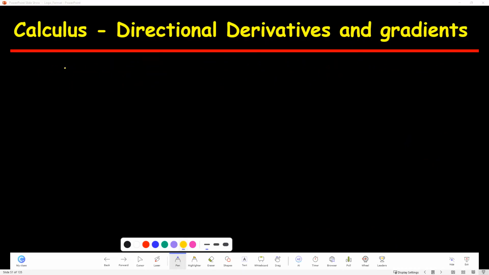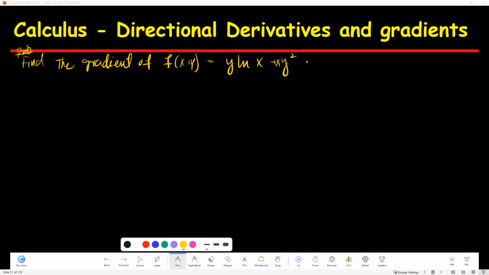Another example, a two variable function. Find the gradient of f(x,y) equals y ln x plus y squared x y squared at the point.